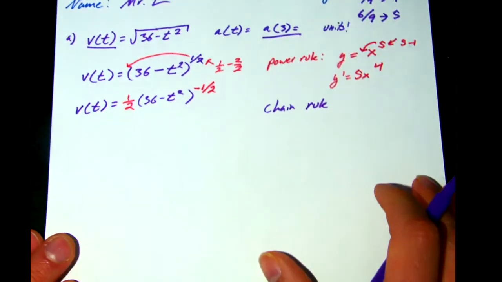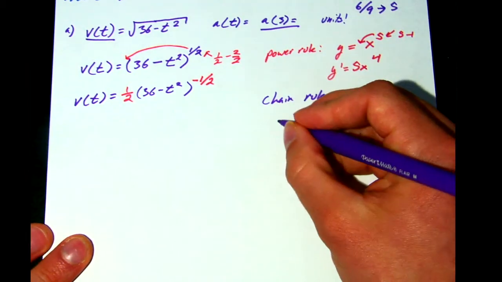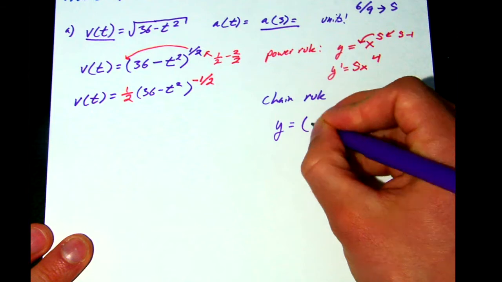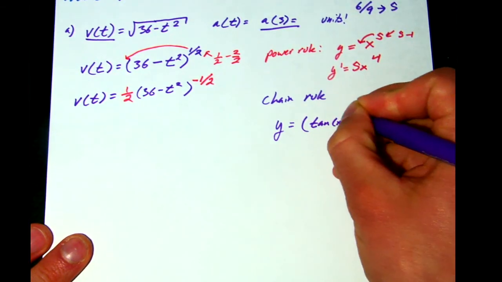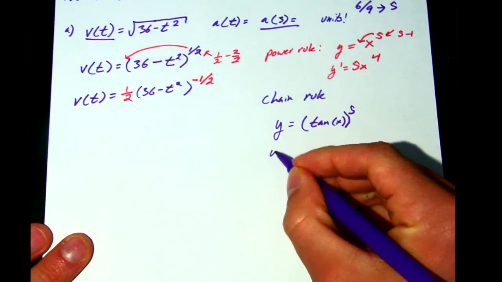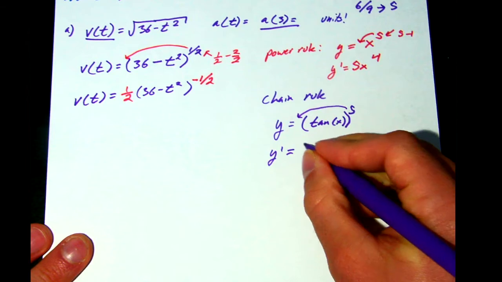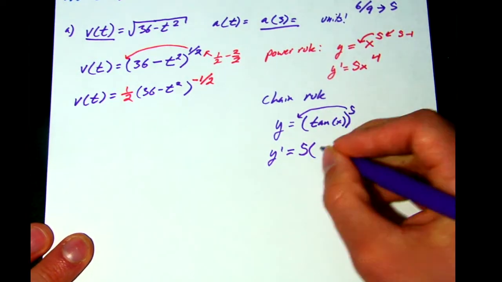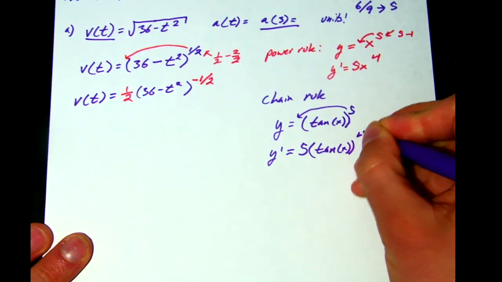I'm going to do a quick chain rule example. I'm going to use y equals tangent of x to the 5th power. Oops, close my parentheses. Now, to do the derivative, I'm using the same power rule, so this would be 5 tangent of x to the 4th.